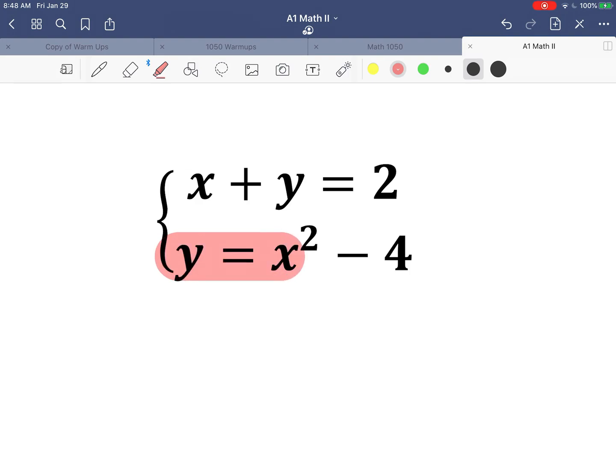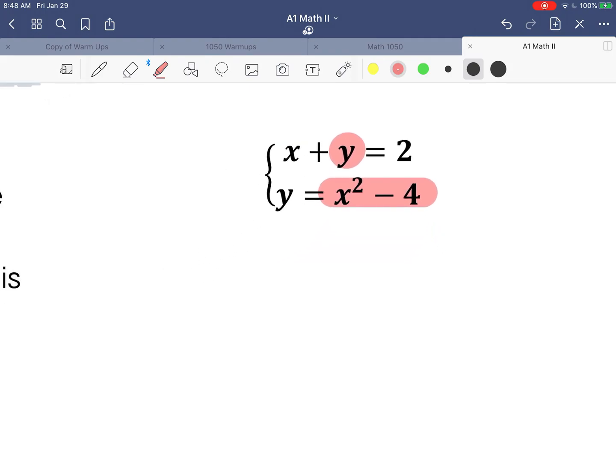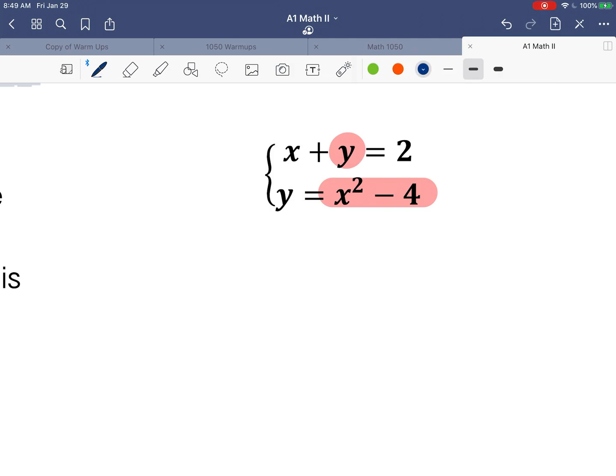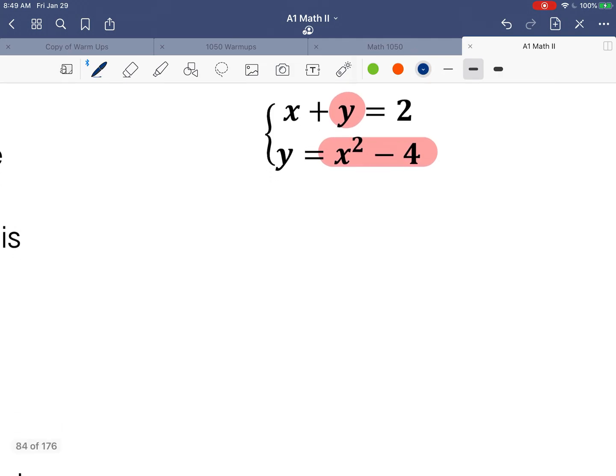If y equals x squared minus 4, then we can just replace the y in that equation with the whole quadratic. So I'm going to rewrite the first equation, x plus, and then we have y, which we're going to replace with x squared minus 4, and then equals 2.